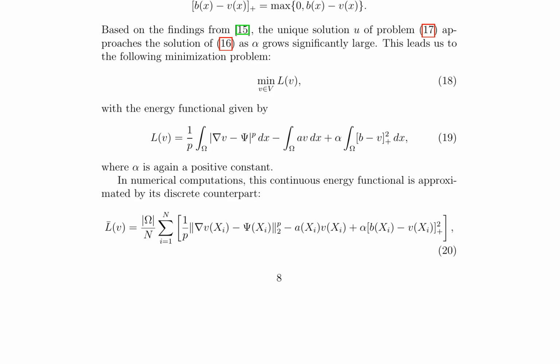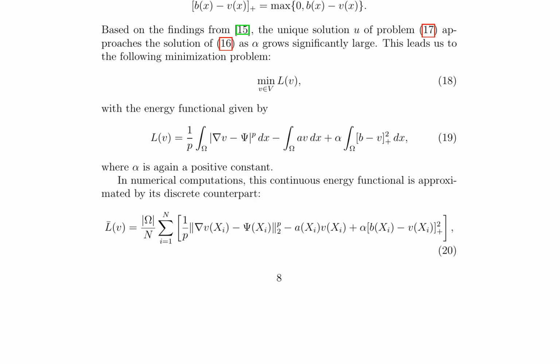The authors then formulate a minimization problem to find the function v that minimizes the augmented energy functional L(v). This functional is defined by an integral term involving the gradient of v, the function A, and the penalty term. In numerical computations, this continuous energy functional is approximated by its discrete counterpart, which involves summing over a set of points in the domain.